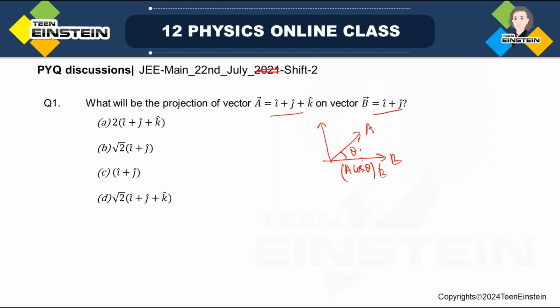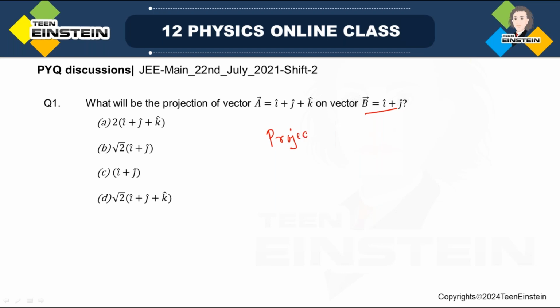And if you want to know what is the projection vector along this direction, then you have to multiply the direction along with that, okay? So that will give you the projection vector along B, okay? Projection of A along B. Now let us consider this question. So what is the projection of A on vector this?